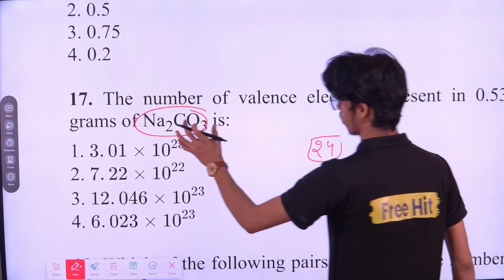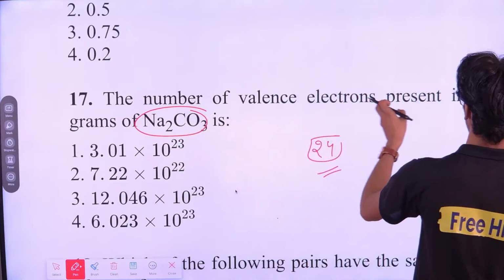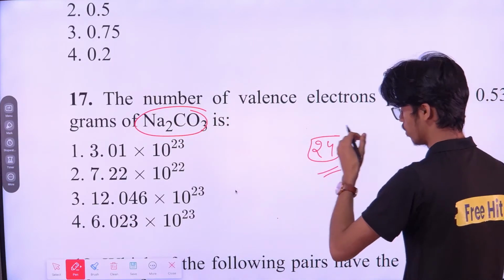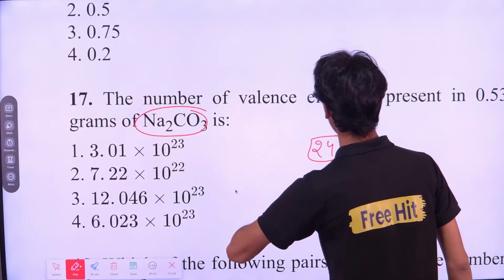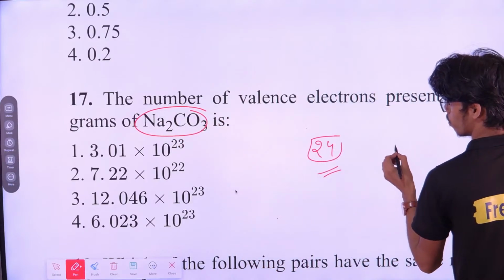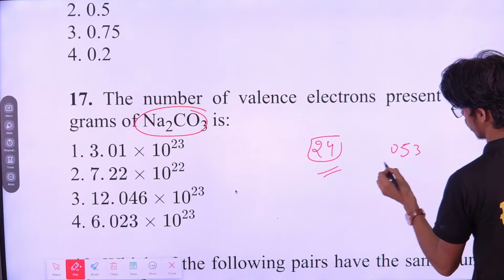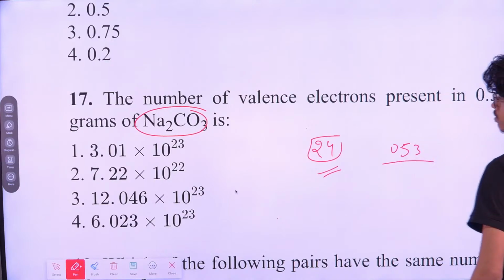Now we have to calculate how many moles there are. Number of valence shell electrons present in 0.53 grams. We do not know the moles of this Na2CO3, but we know the mass, 0.53 grams. Moles is given mass upon molar mass. What is the molar mass?